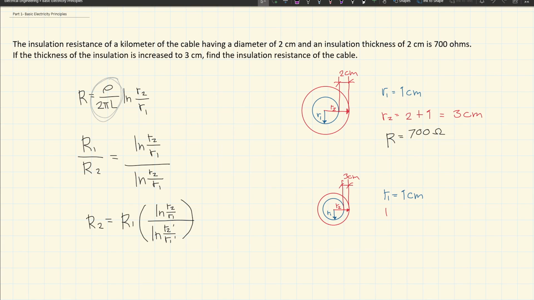So our R2 is 3 centimeter plus 1 centimeter, 4 centimeter. Okay, let's substitute. So our R1 is 700.